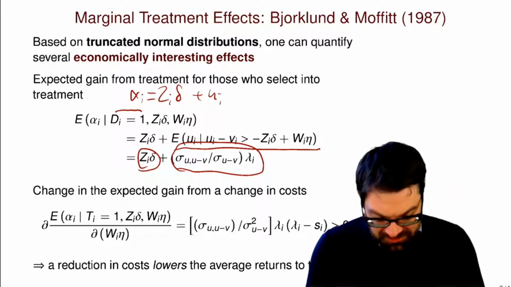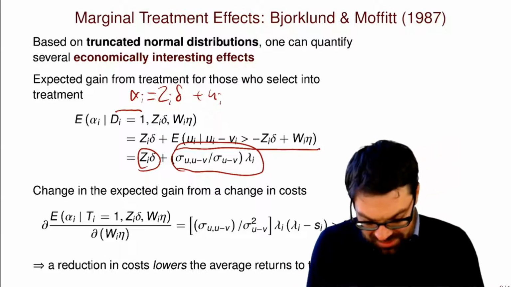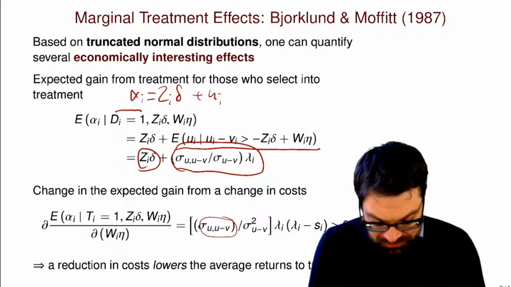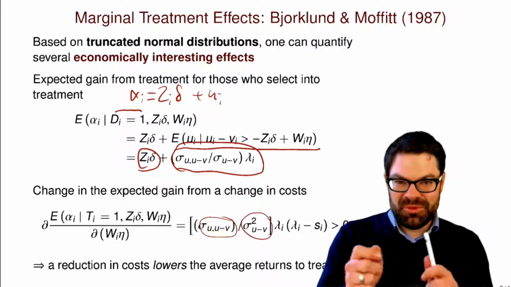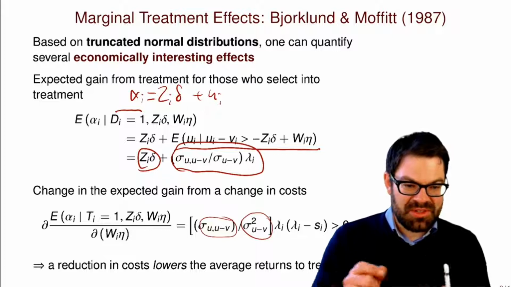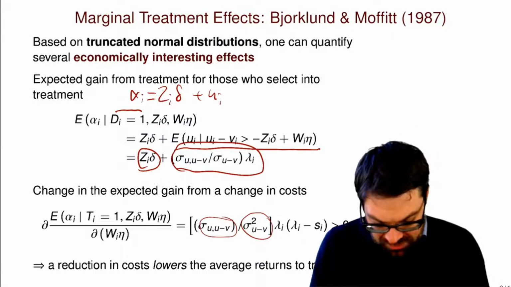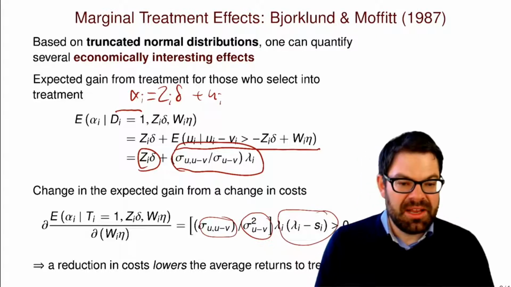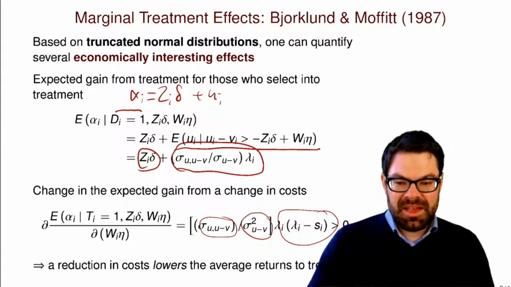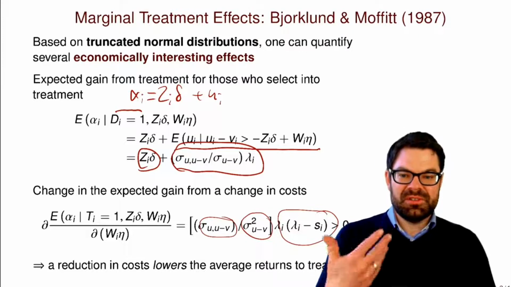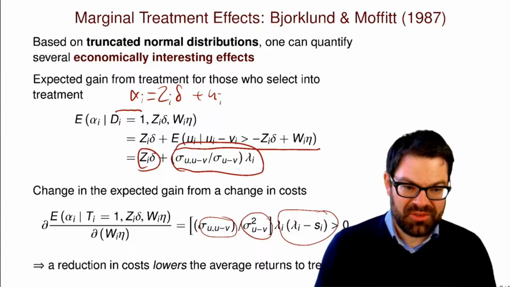All we're left with, and this is what they show in the paper, is a covariance that we know, the variance of the distribution of those two cost and gains parameters, and something related to the inverse Mills ratio here. So again, the average gain from taking the treatment changes when we change the costs.